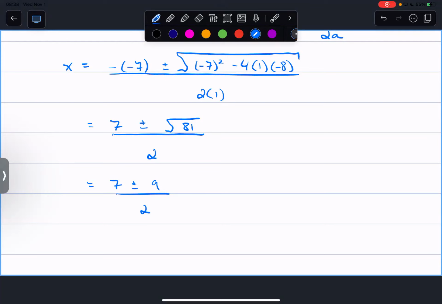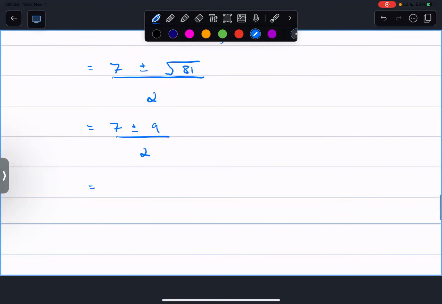I'll do the minus part first. 7 minus 9 is -2, divided by 2, which is -1. I'm really emphasizing that comma because there are two solutions. And 7 plus 9 divided by 2, oh, I went too far, 7 plus 9 is 16, divided by 2, which is 8.